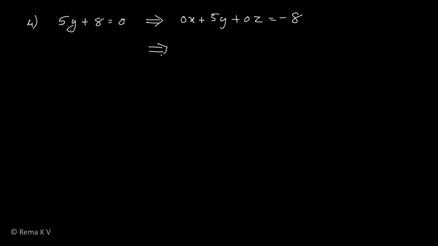And this in vector form can be written as xi plus yj plus zk dot 0i plus 5j plus 0k is equal to minus 8.